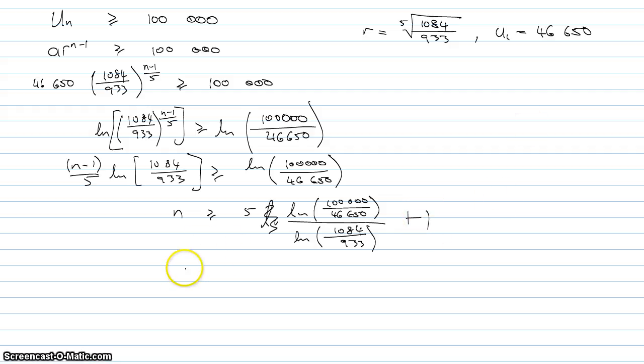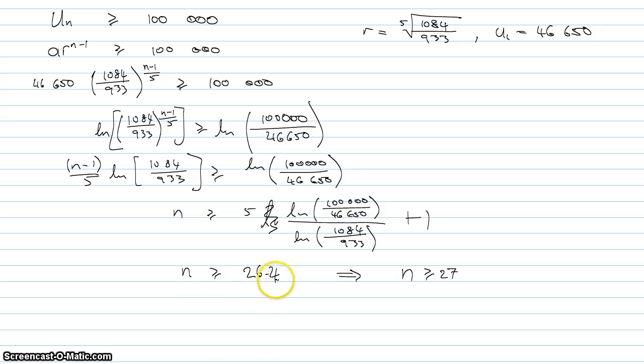And if you look at this mess, that actually means that n has to be bigger than or equal to about 26.4, which means that I have to choose n bigger than or equal to 27. I'm not rounding to the nearest integer. In fact, the nearest integer is 26, but I'm rounding to the nearest integer above 26.4.